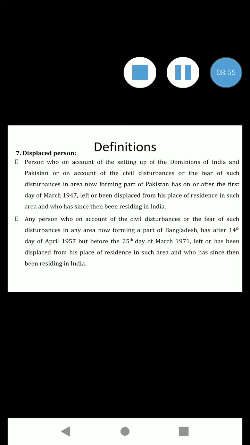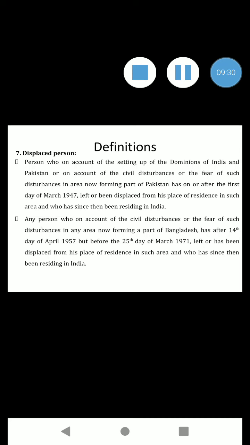And the person who, on account of civil disturbances or the fear of such disturbances in an area now forming a part of Bangladesh, has after the 14th day of April 1957 but before the 25th day of March 1971 left or been displaced from his place of residence in such area, who has since been residing in India. It means what?